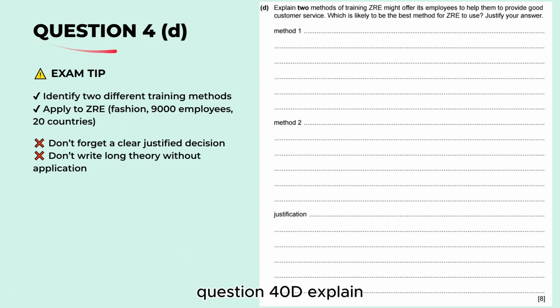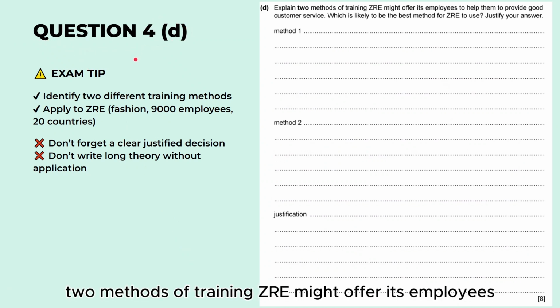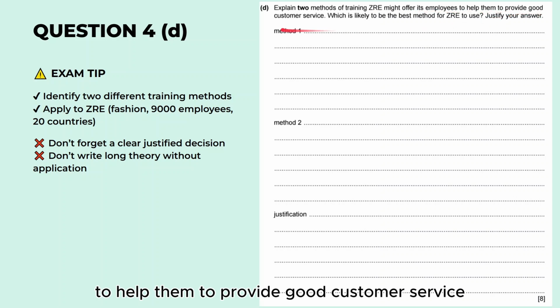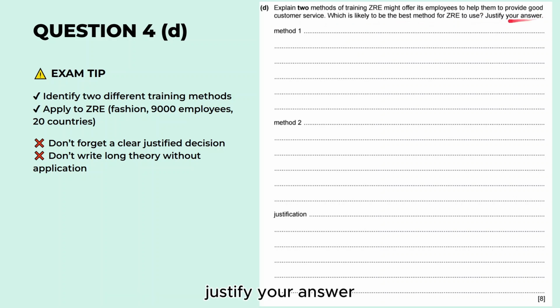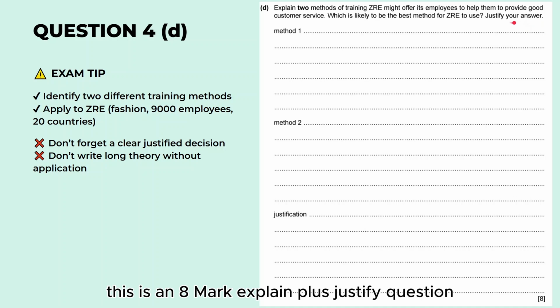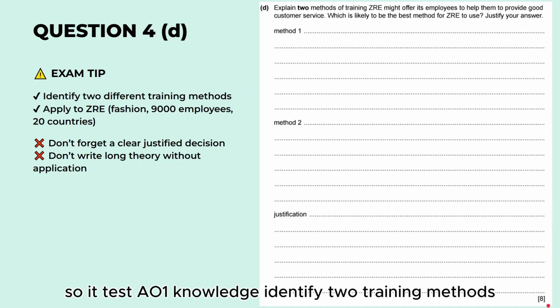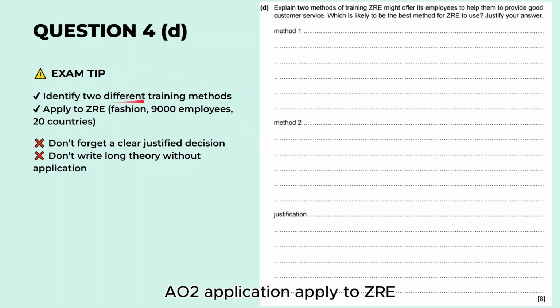Question 4d. Explain 2 methods of training ZRE might offer its employees to help them to provide good customer service. Which is likely to be the best method for ZRE to use? Justify your answer. This is an 8-mark explain plus justify question, so it tests AO1 knowledge, identify 2 training methods, AO2 application, apply to ZRE.